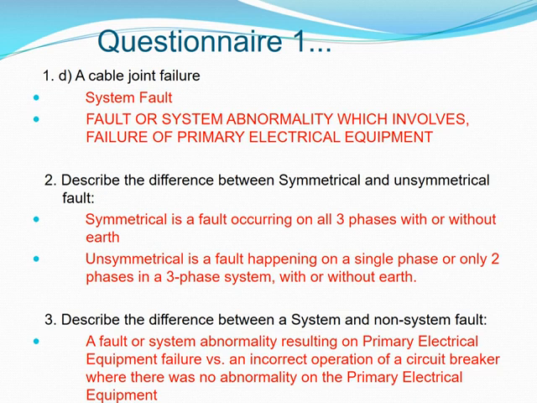Whereas your non-system fault would not really talk about symmetrical or unsymmetrical because it's happening at your operation, at your circuit breaker, and your circuit breaker just takes out everything. So if you wanted to link it, it would probably be symmetrical because it would take out that entire equipment. Am I making sense?